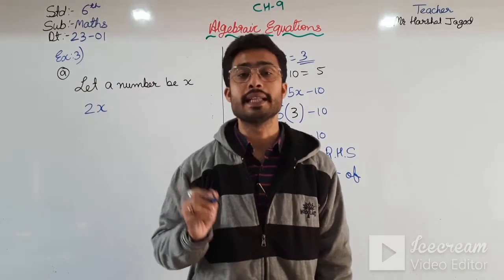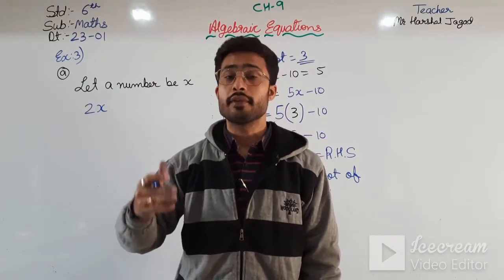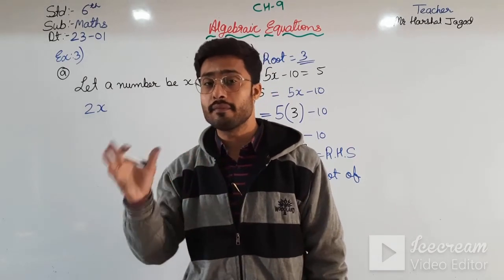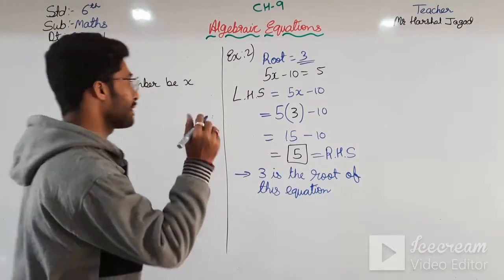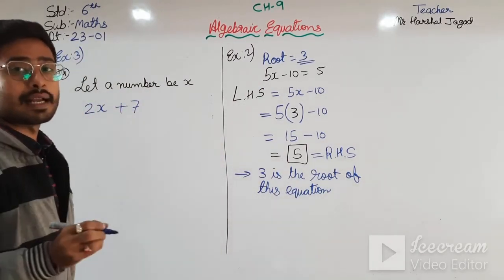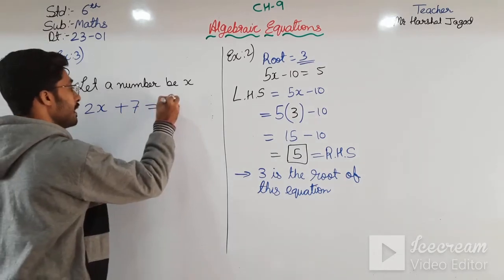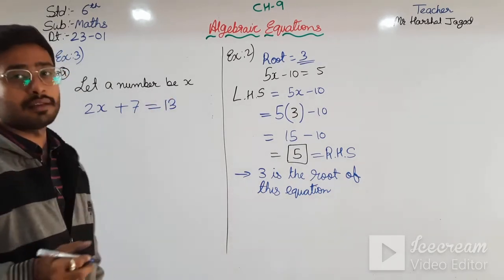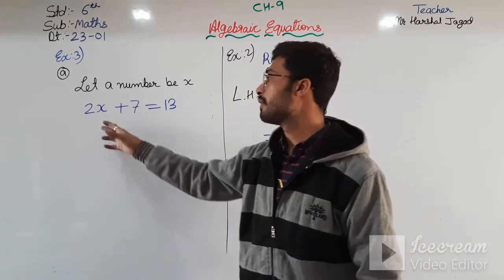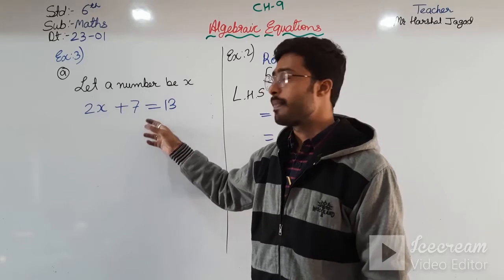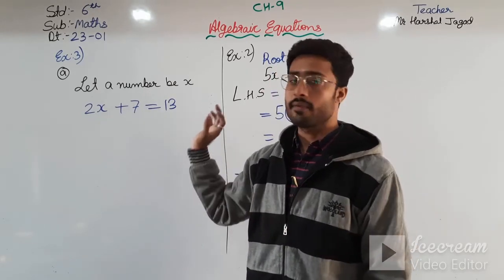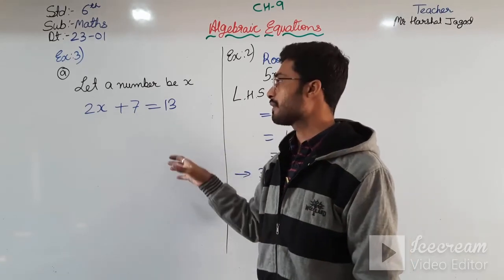Twice a number increased by 7, then we get 13. So here we have the equation: twice a number increased by 7 is 13. This is the equation form, and then we have to solve this equation.